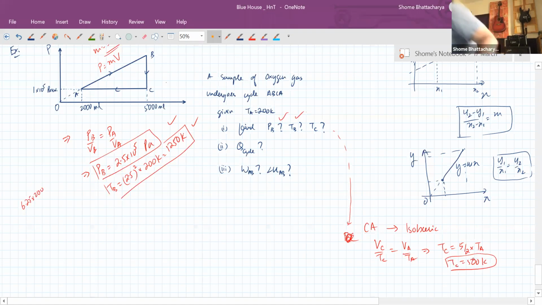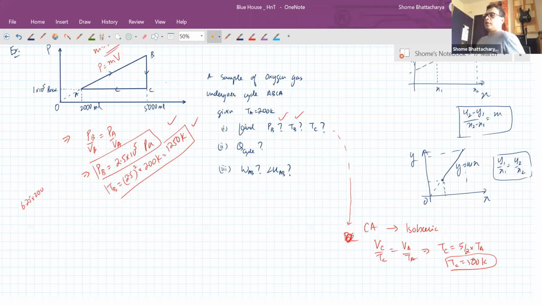Okay, just note this down. So temperature at C is becoming 500 Kelvin because of that reason. This is also done. So clear so far?